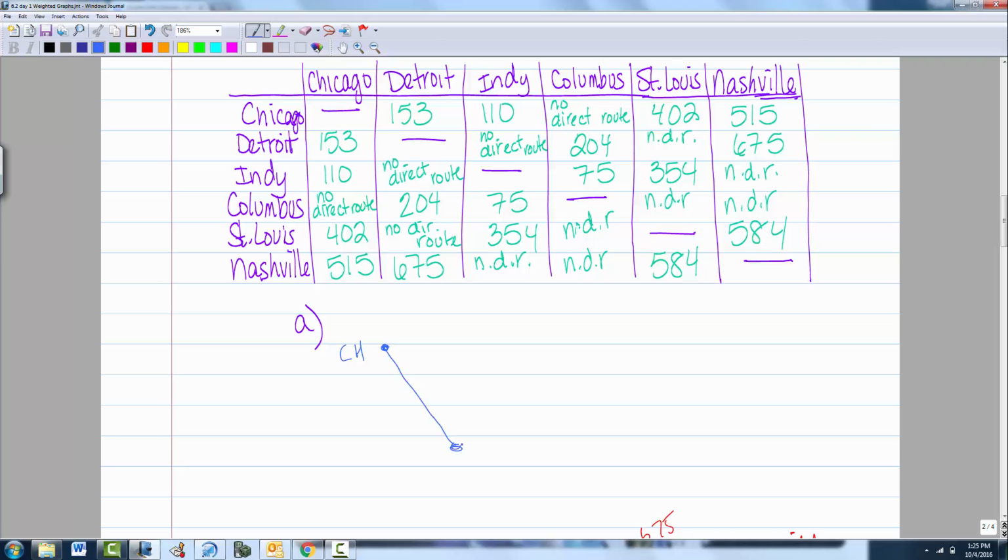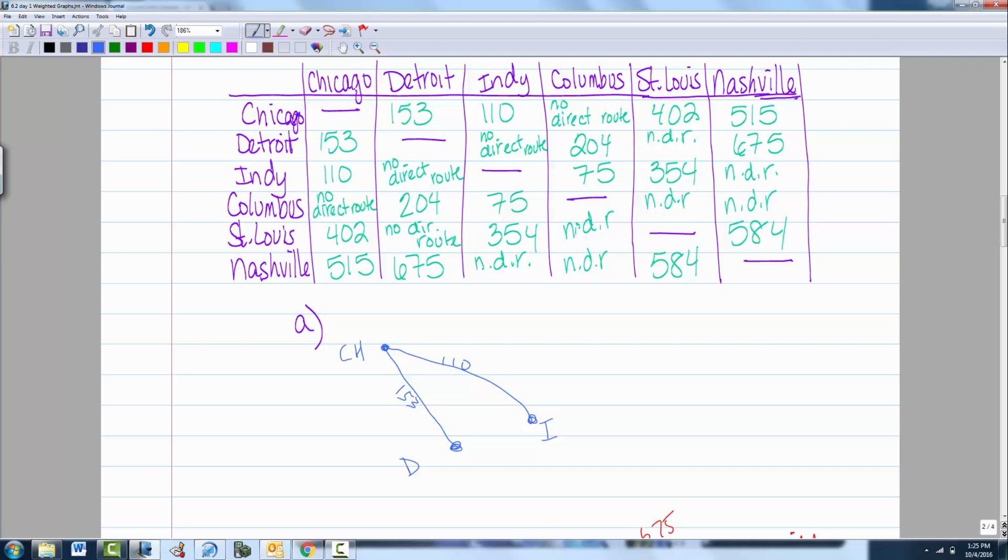I don't care where Detroit is compared to Chicago. It's not the point of drawing this graph. The point of this is seeing the connections. So we don't even have to worry about geographically where Chicago and Detroit are in relation to each other. Just connect them with the miles that connect them. And then Indy. I just put Indy right here. And then that is 110.